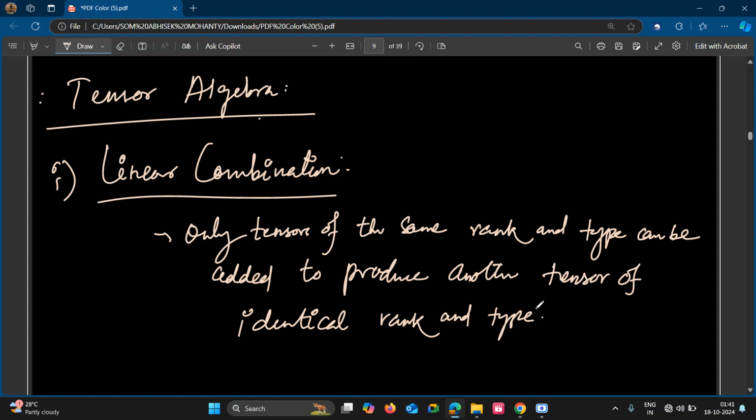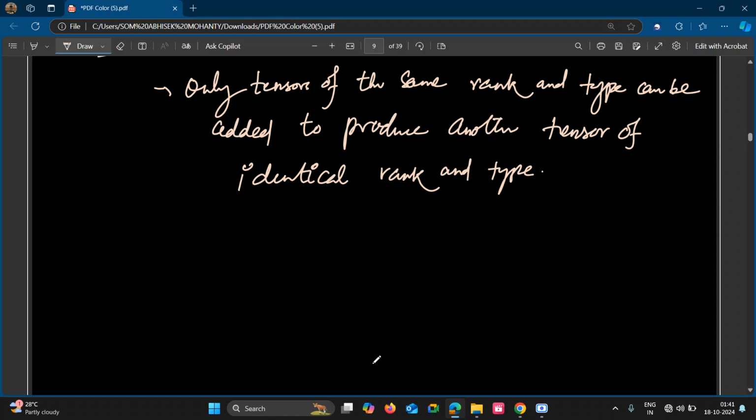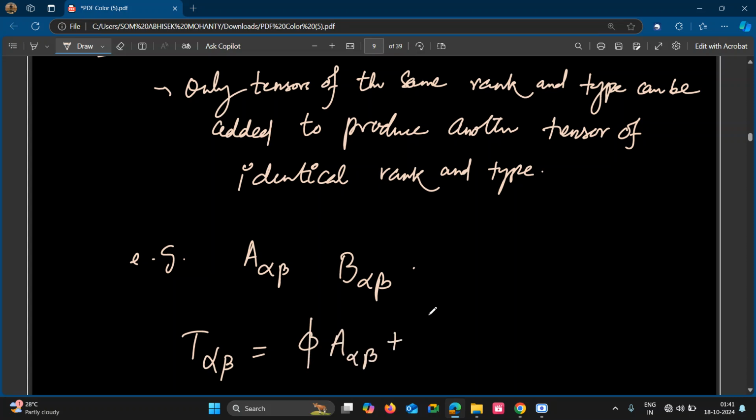For example, let's take two covariant tensors of rank two. Suppose one is A alpha beta and the other is B alpha beta, with indices downside since they are covariant. The linear combination will be T alpha beta, also below, which is phi A alpha beta plus psi B alpha beta, where phi and psi can be anything.